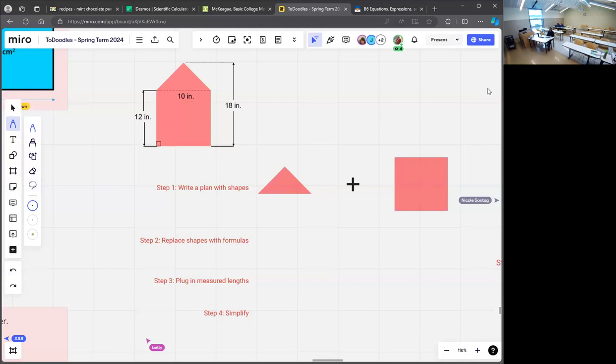My next step is then to put in the formulas. So this is half of length times width. If you've learned it as base times height, then that's another, oops, width I can spell. That's another way to say it.